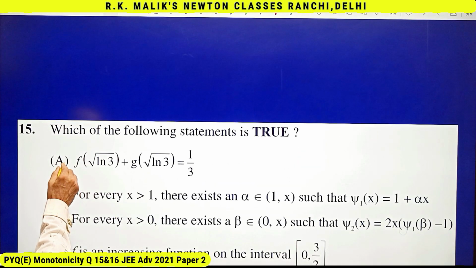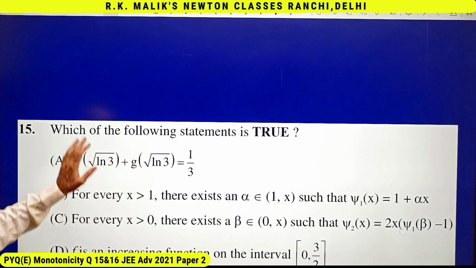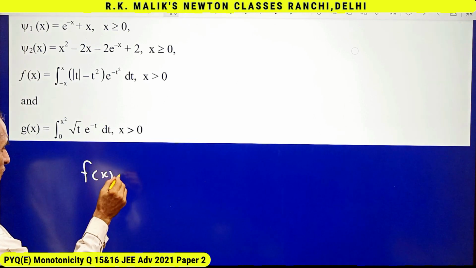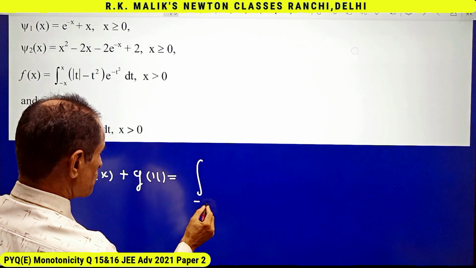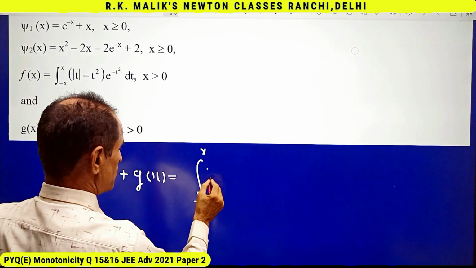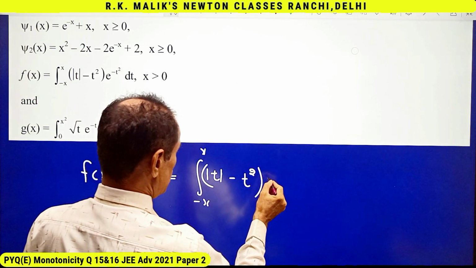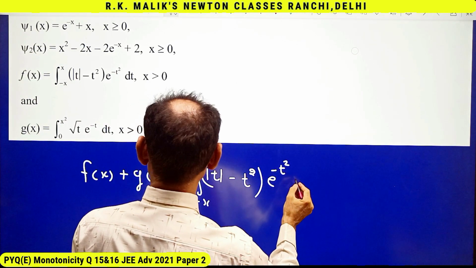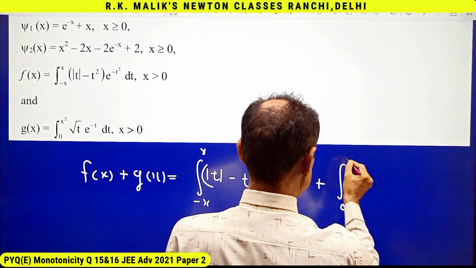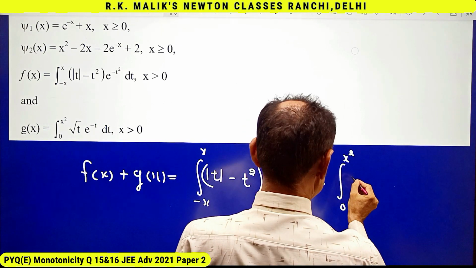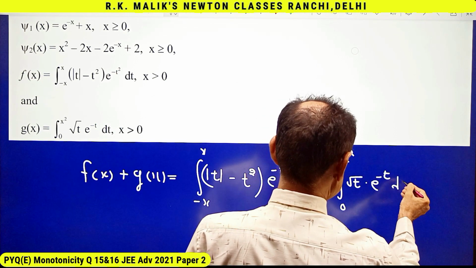First of all, to find the value of f(√log 3) + g(√log 3), it is clear that f(x) + g(x) is equal to the integral from -x to x of (|t| - t²) e^(-t²) dt plus the integral from 0 to x² of √t e^(-t) dt.